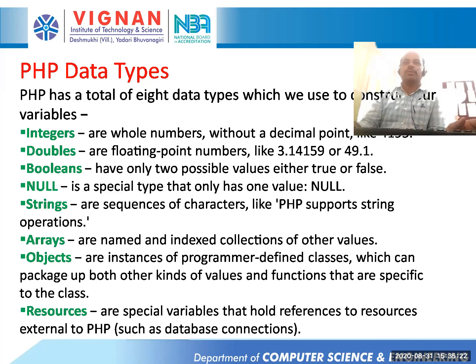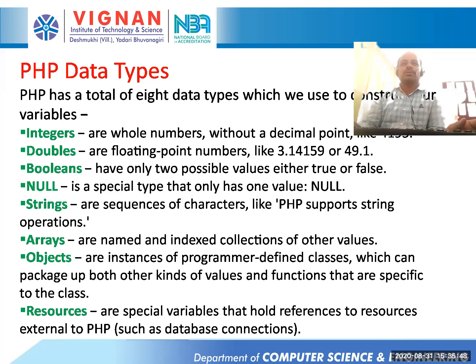So basically, what is a data type? The data type represents a set of values and the operations which are to be performed on those values. Basically, PHP has eight types of data types: integers, doubles, booleans, null, strings, arrays, objects, and resources.